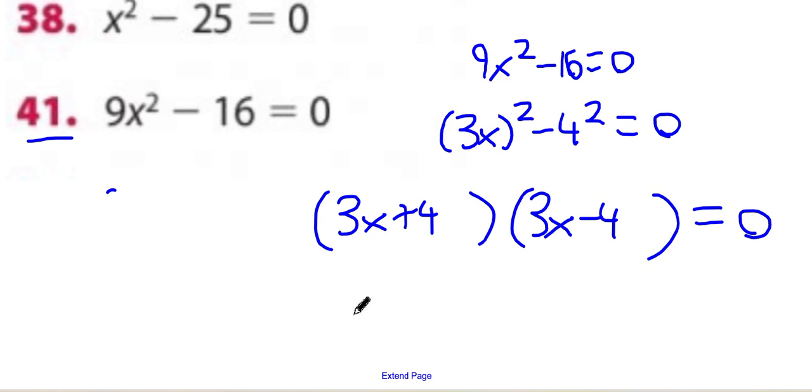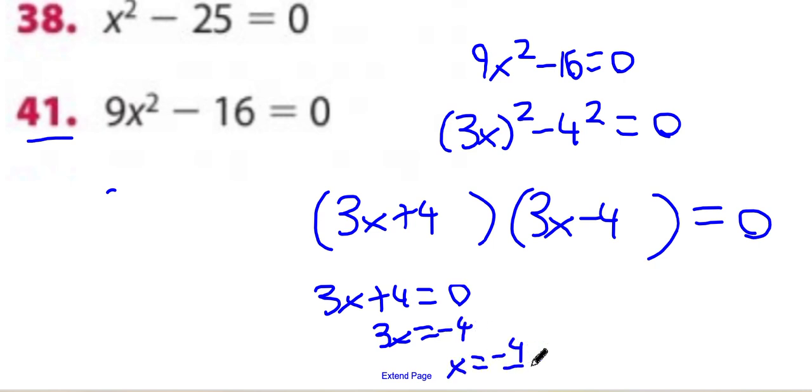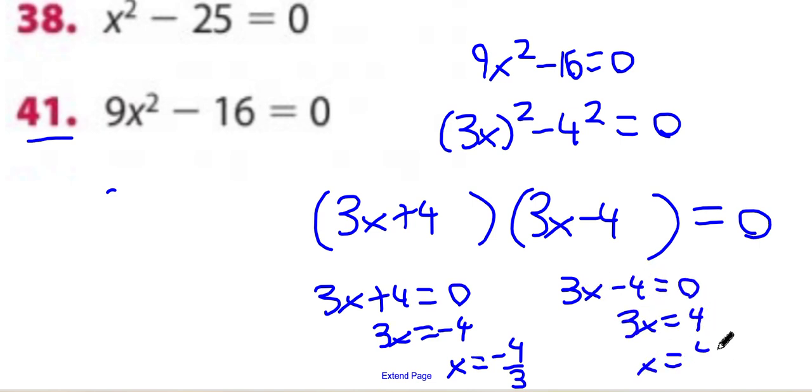And then what's the answer next? 3x plus 4 equals 0. 3x equals minus 4. x equals minus 4 over 3. Next one. 3x equals 4. x equals 4 over 3.